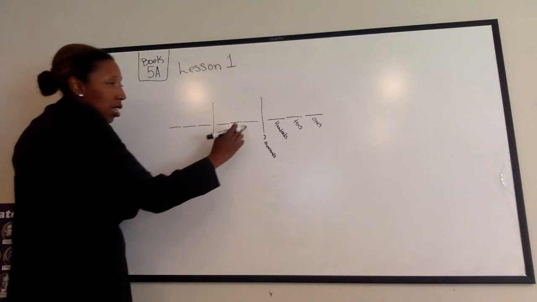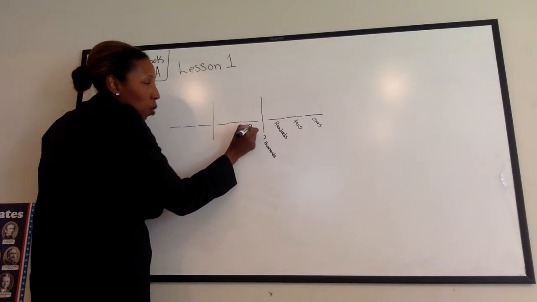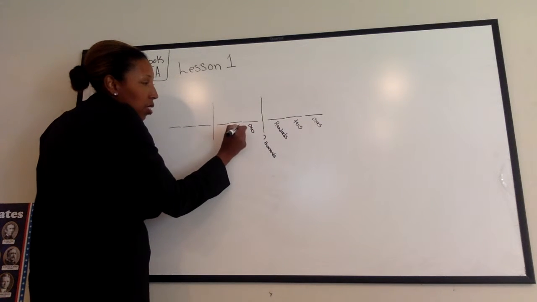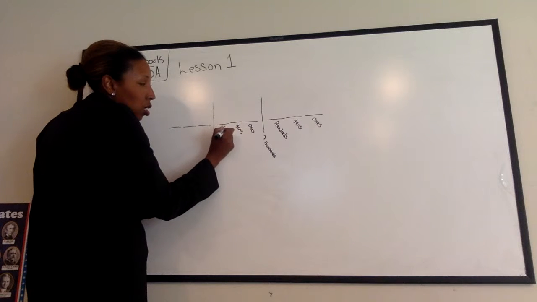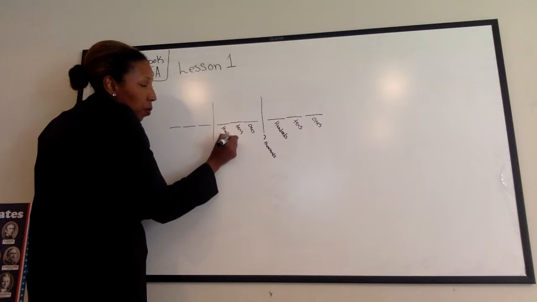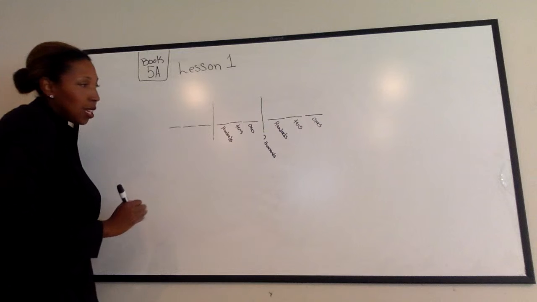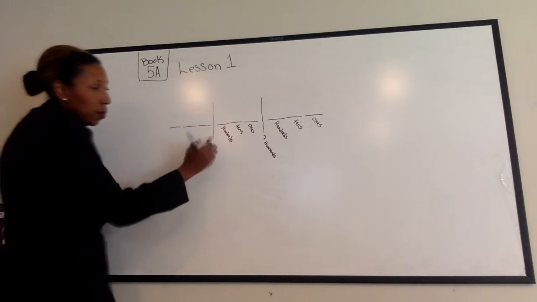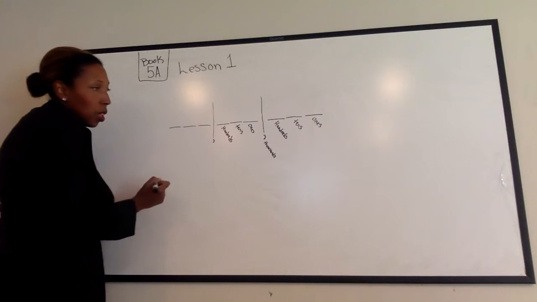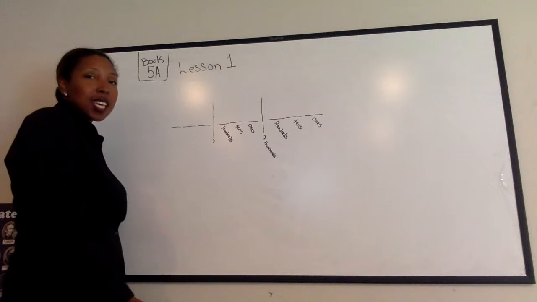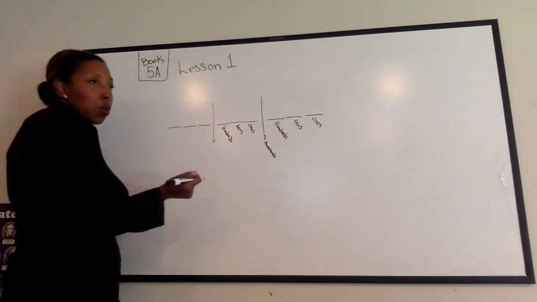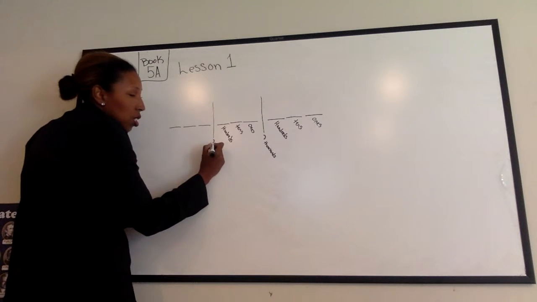The next thing is you have your 3 amigos. So we have ones, tens, hundreds. And then we have our next comma. Okay, and the comma is kind of like saying, come on, to a new word. So this new word is going to be millions.